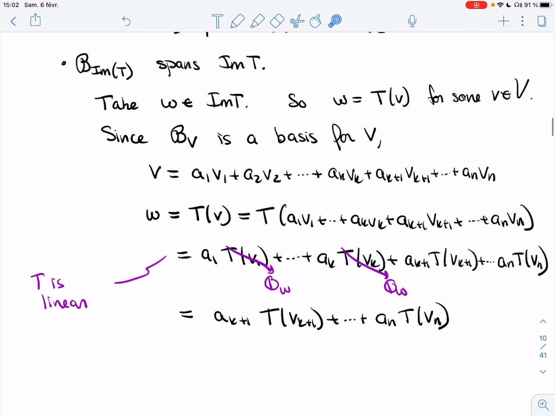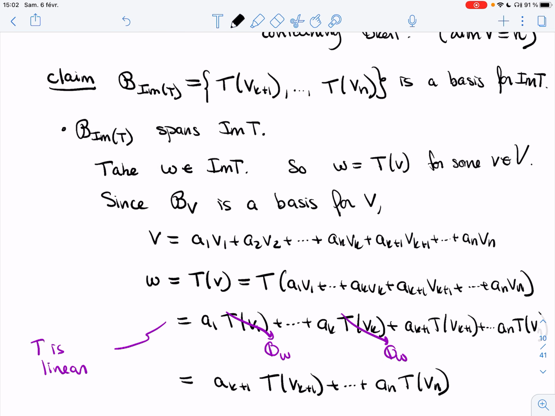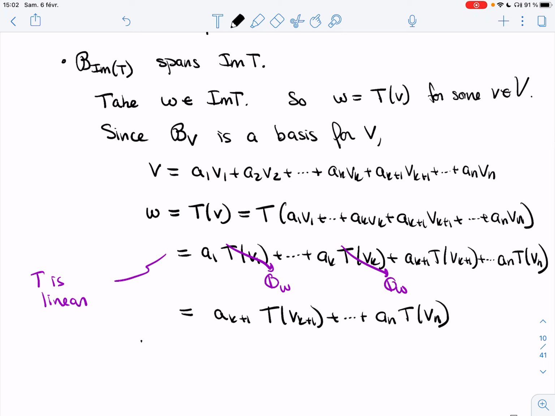All right, so I started with a random element of the image, and I wrote it as a linear combination of my candidate for basis, and so that means that w is in the span of B image of T. And so the span of B image of T is the image of T.